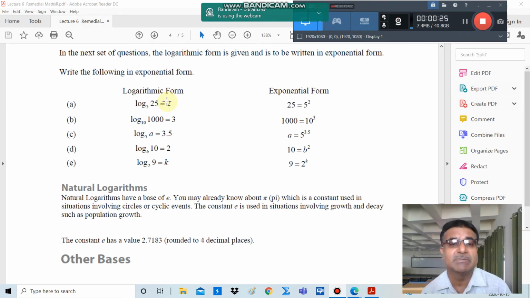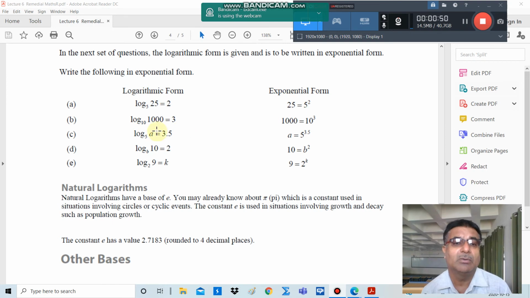Then what will be the expression corresponding to this log form in exponential form? Yes, this 25 will be equal to 5 to the power 2, because 5 is the base of this logarithm. Then on the right hand side, in the exponential form, 5 will also be the base, and the power of 5 is raised to 2.